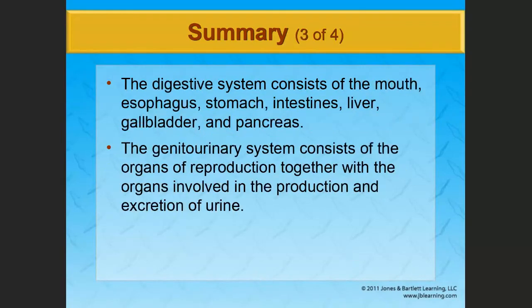The digestive system consists of the mouth, the esophagus, stomach, intestines, liver, gallbladder, and the pancreas. Excuse me. The genitourinary system consists of the organs of reproduction together with the organs involved in the production and excretion of urine.